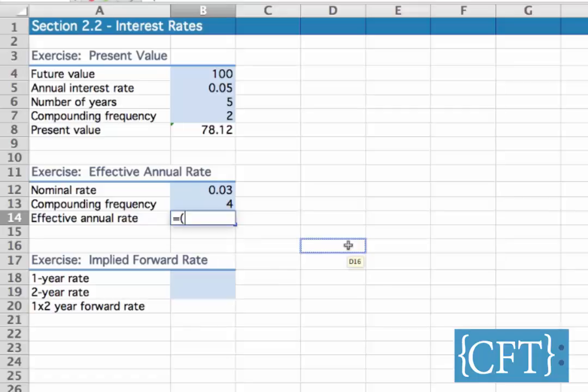So we take 1 plus the rate per period, which is the nominal rate divided by the compounding frequency, and we raise all of that to the power of the compounding frequency, in this case 4, and then from that we have to subtract 1 using the formula that we showed in the presentation.